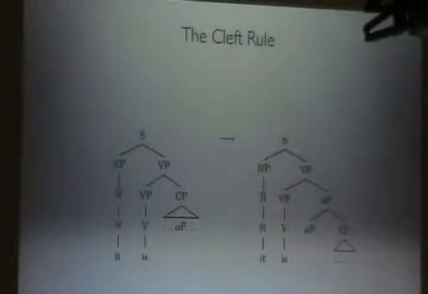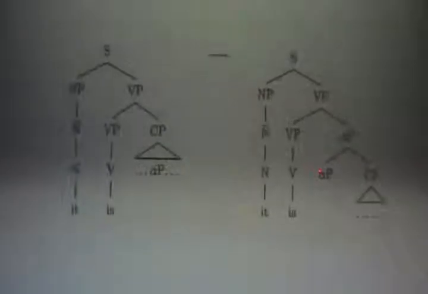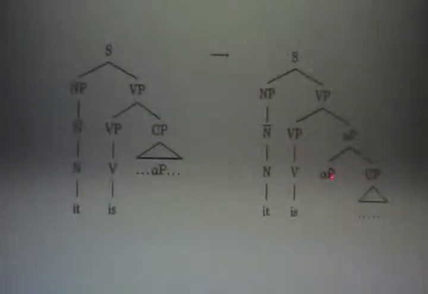When it comes time to speak it, you take something, anything, inside this complementizer phrase, yank it out of the complementizer phrase, and put it up here to the left of it. Make a new phrase with that moved thing as its first part, and the CP, the complementizer phrase that it moved out of, as its second part.